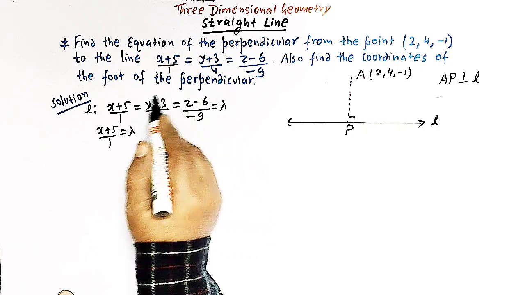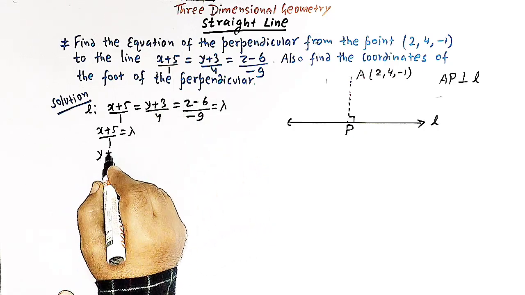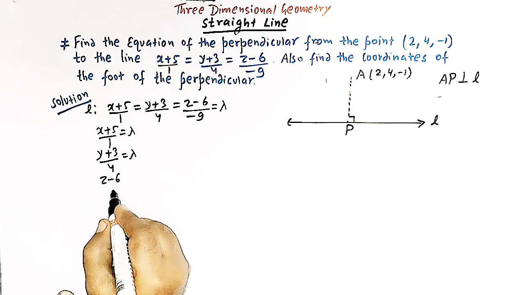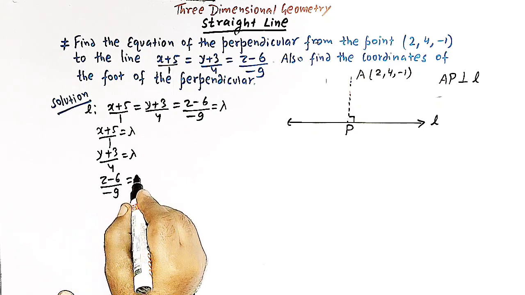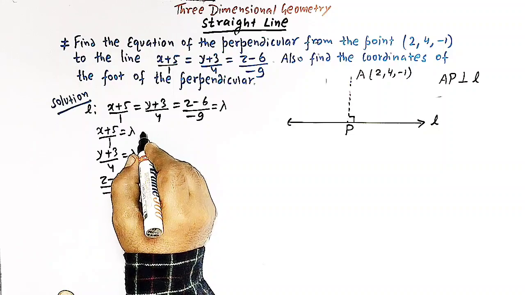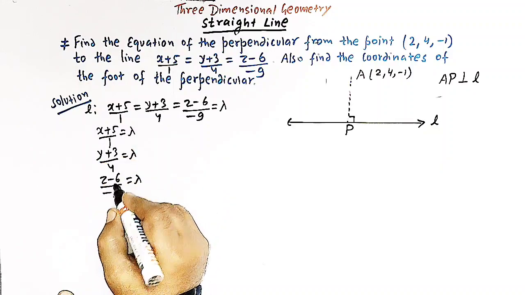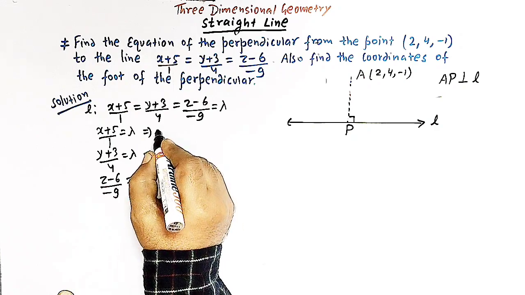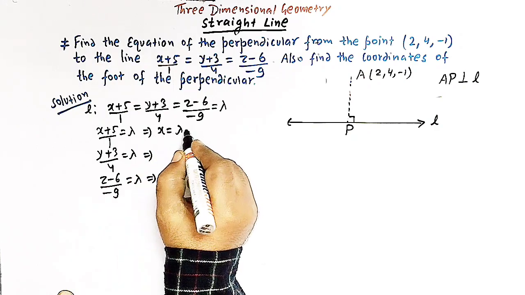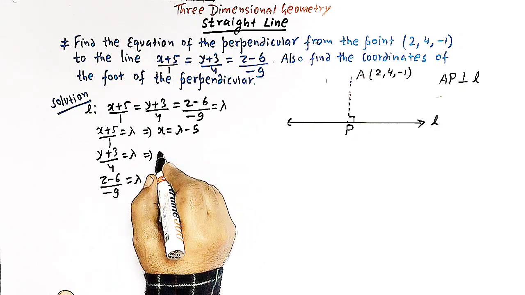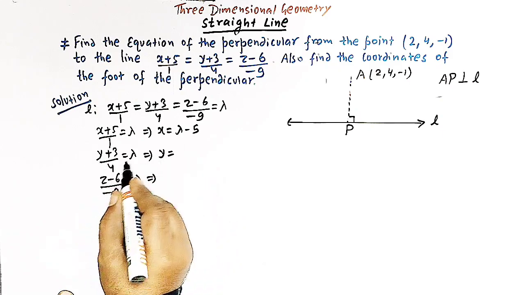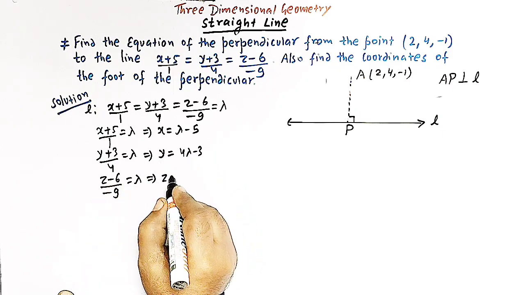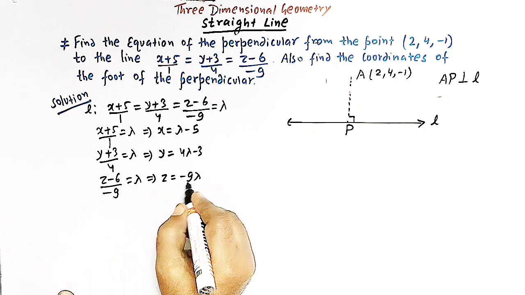So we'll frame three equations: (y plus 3) over 4 is equal to lambda, and (z minus 6) over minus 9 is equal to lambda. Solving these equations for x, y and z, we can write x is equal to lambda minus 5, then y is equal to 4 lambda minus 3, and then z is equal to minus 9 lambda plus 6, right?